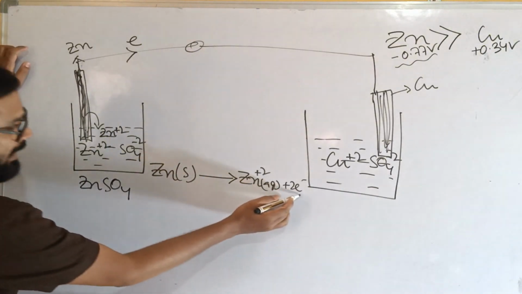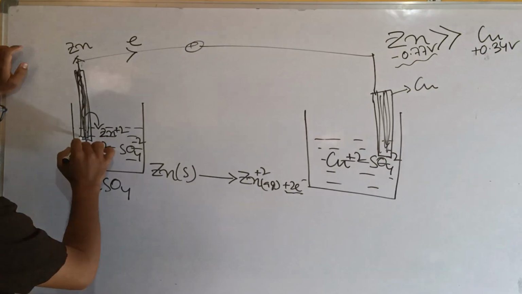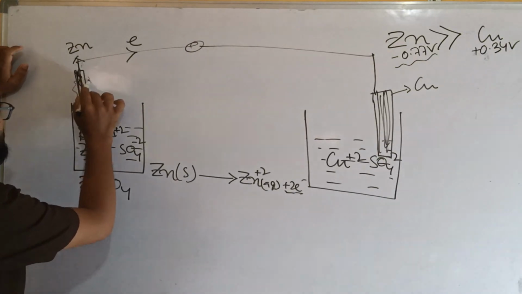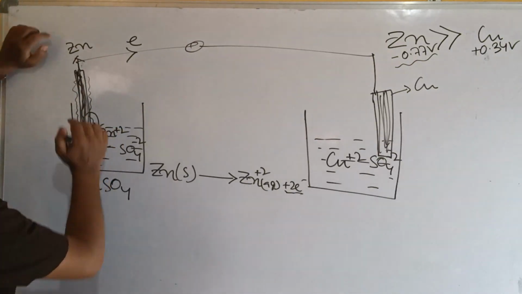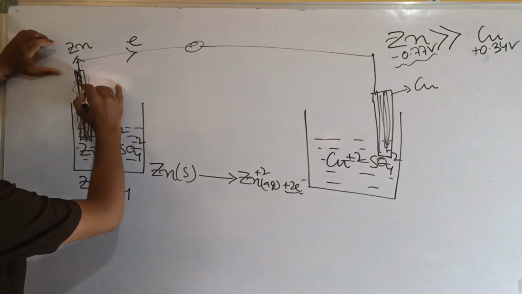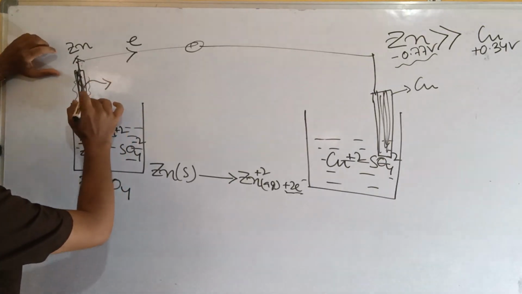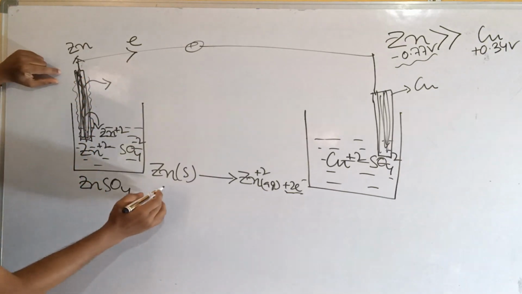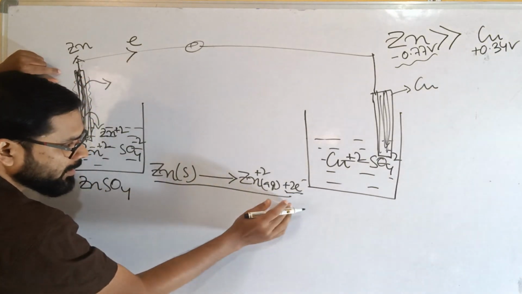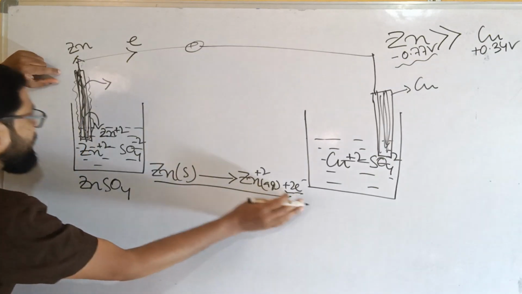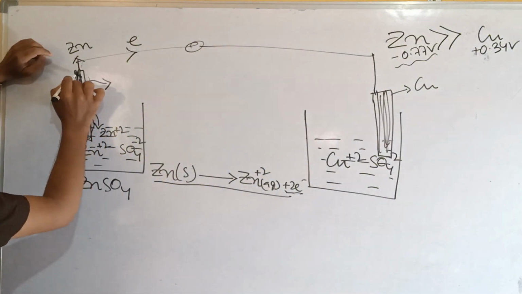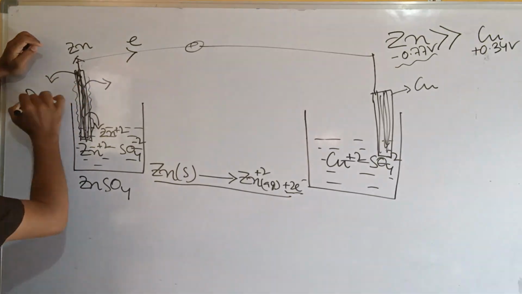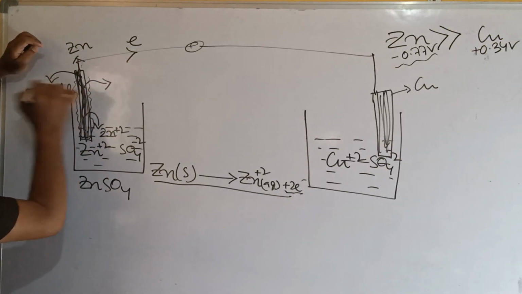So those 2 electrons will be on the surface of this electrode. So we can say this electrode is the anode, because here oxidation takes place, loss of electrons. Clear?